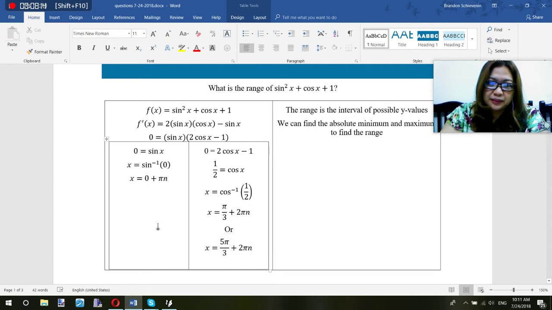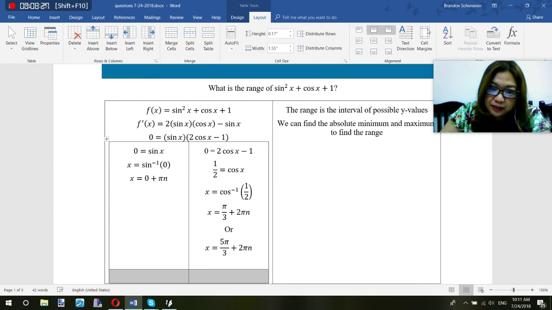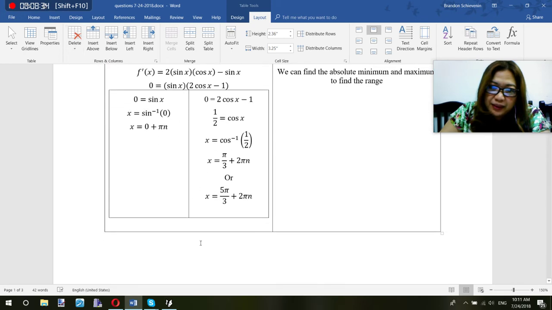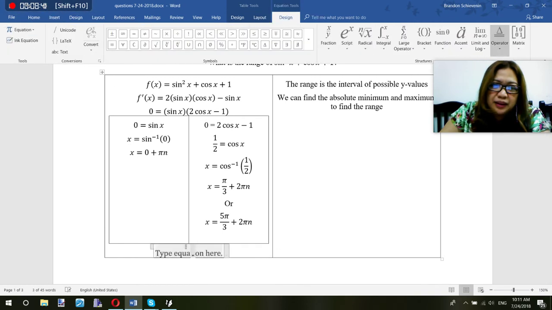So if I plug 0 into my original function, what's going to happen? It will become 0. The sine at 0 is 0. I'm plugging 0 into my original function to figure out what the y value is at this point.